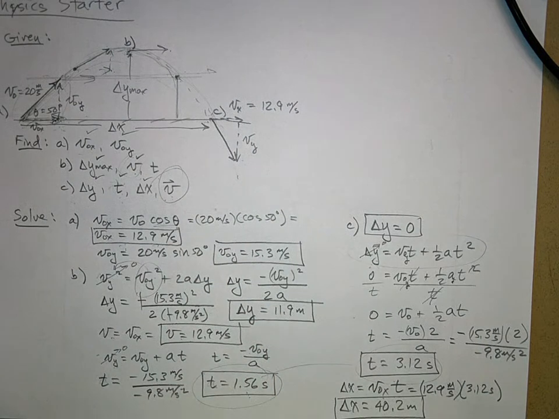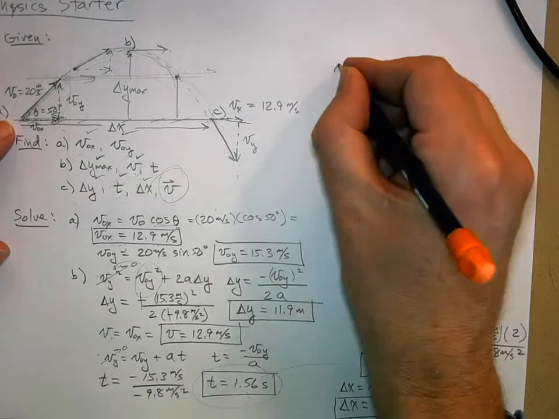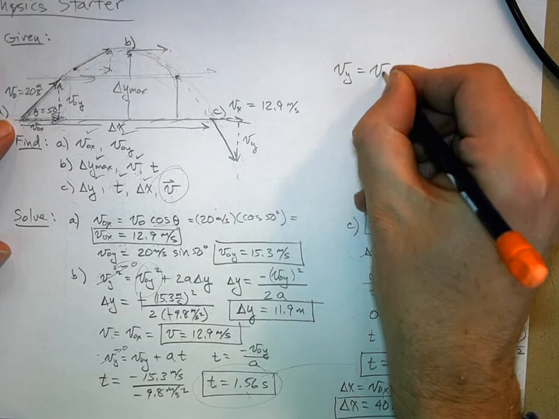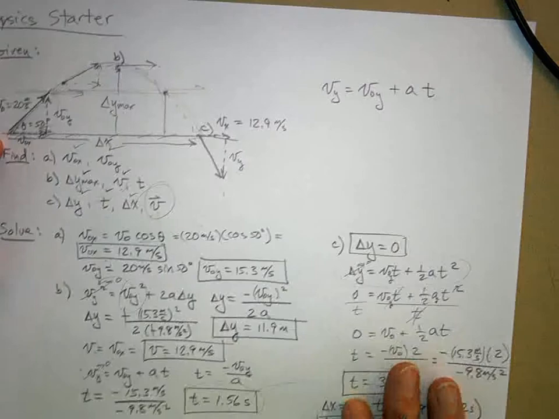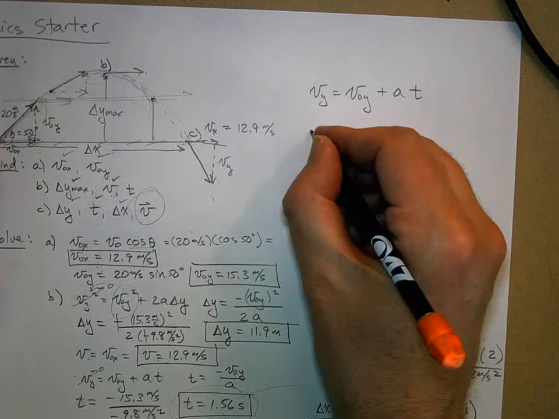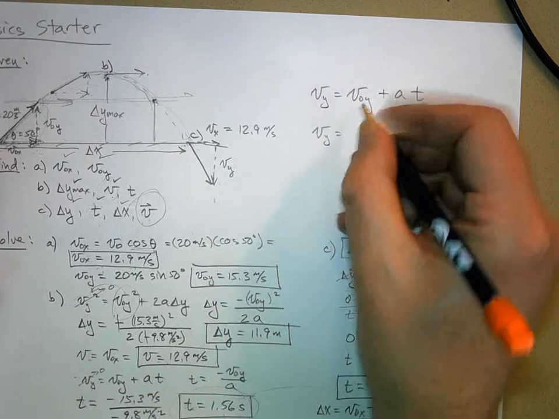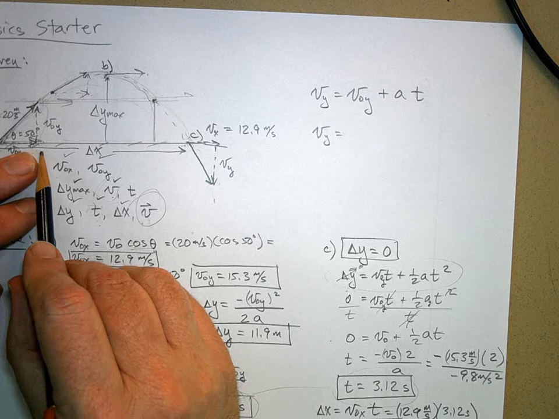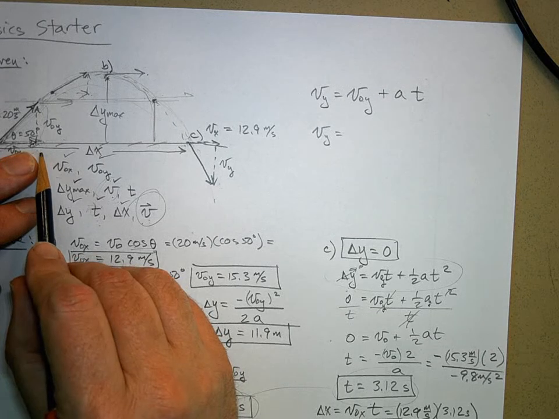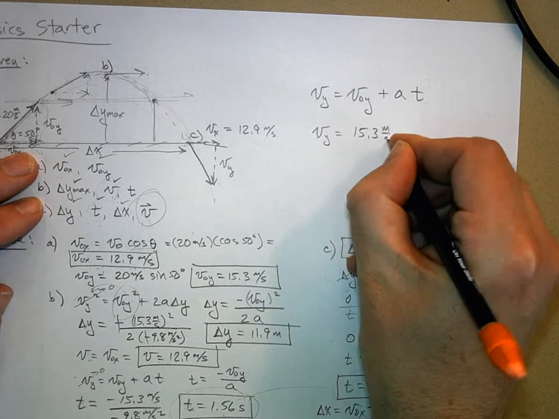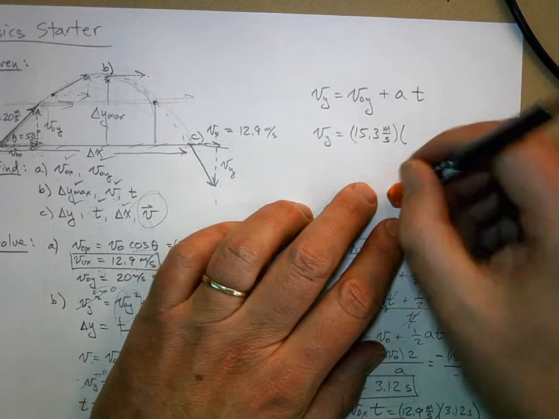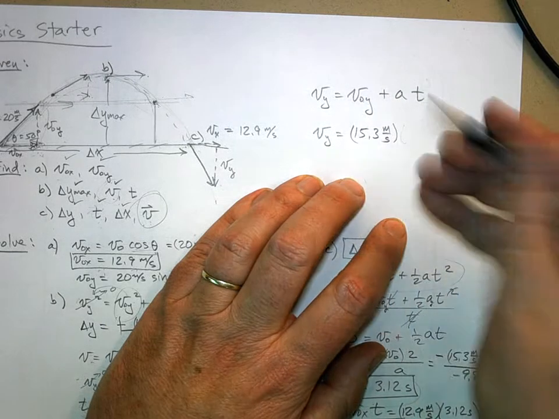Now, let's figure out the final velocity in the y direction. The final velocity in the y direction is equal to the initial velocity in the y direction plus the acceleration times time. So Vy is equal to v naught y. What is v naught y? It is 15.3 meters per second, plus, what's the acceleration?